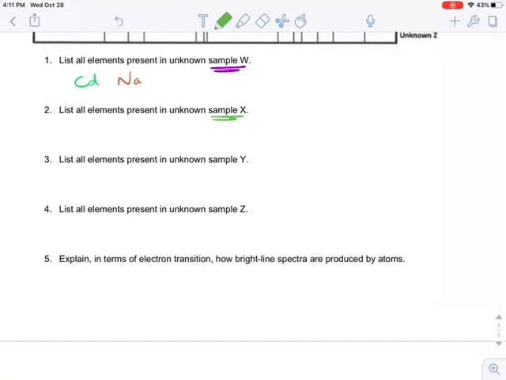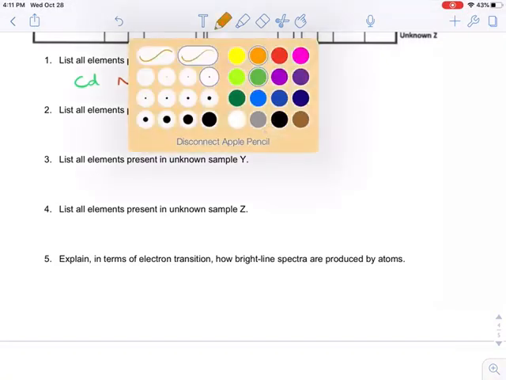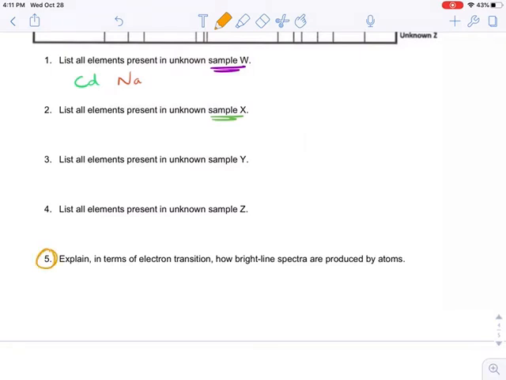I do want to talk to you about this last question though, because this one is kind of challenging. So the last step here is to connect this back to electron transition. Electron transition means moving up and down with regards to energy level. Moving from different levels releases different wavelengths.